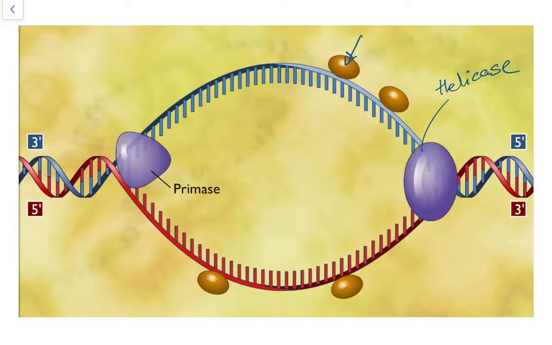Now something that you might see, but you don't really need it for the marks, is these proteins. These are SSBs, single strand binding proteins. And what they do is they stop it from zipping up again.